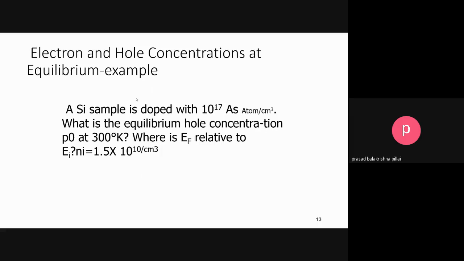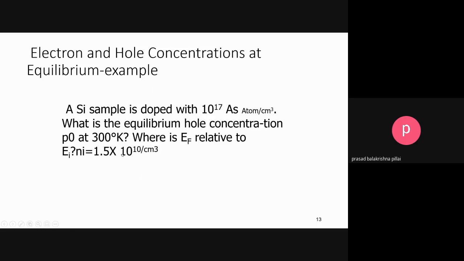So this is one worked out example I have just mentioned here. We are taking a silicon sample doped with 10 raised to 17 arsenic atoms per cubic centimeter. You are supposed to find out the hole concentration and the Fermi level, and ni is given.